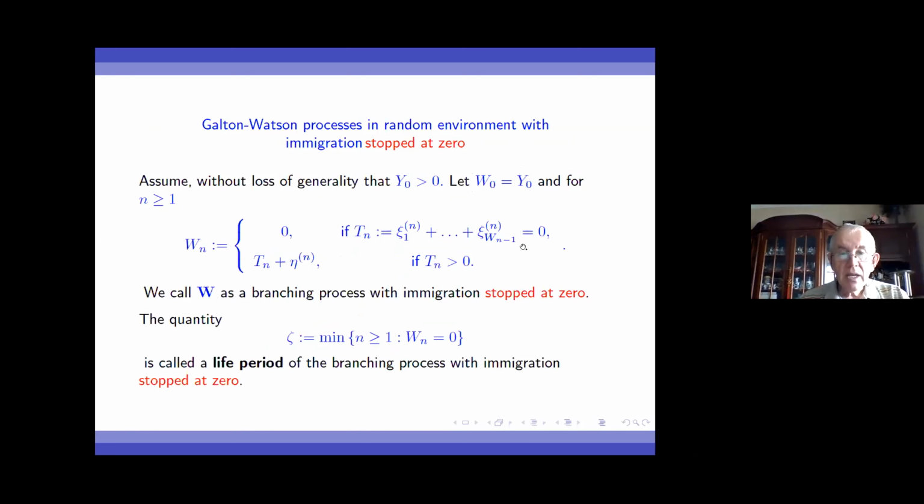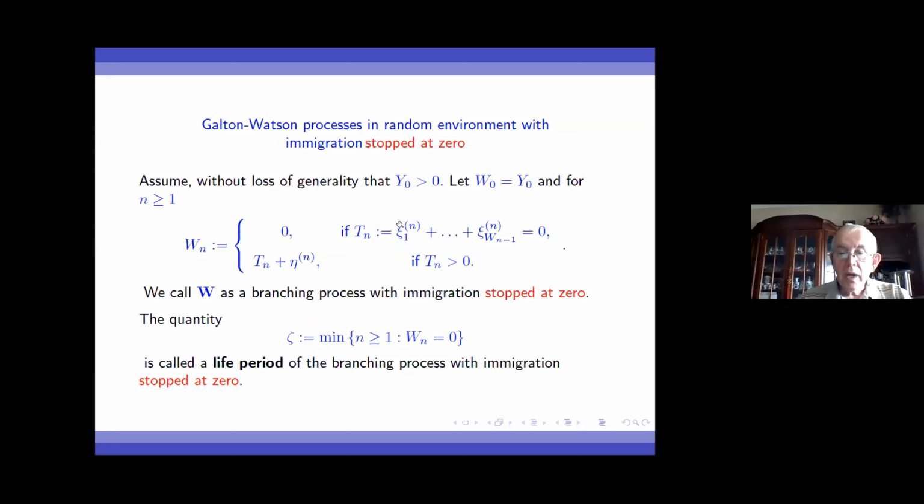In our case, I will consider another modification: a branching process in a random environment with immigration, which is stopped at 0. What does it mean? Assume without loss of generality that initially we have a positive number of individuals in the population. Then I define the process as follows.